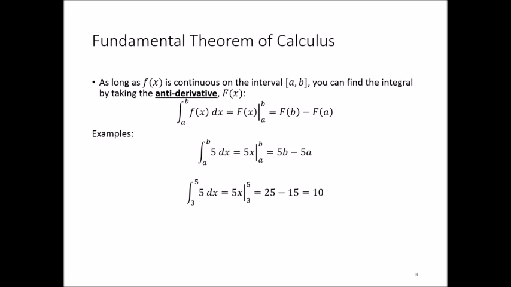And then between the line x equals 3 and x equals 5, the horizontal distance there would be 2. You're looking at the area of a rectangle here, whose height is 5 and whose horizontal width is 2. And so the area of that rectangle would be 10.